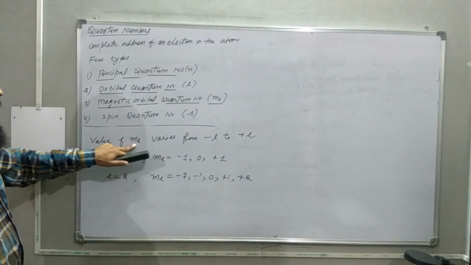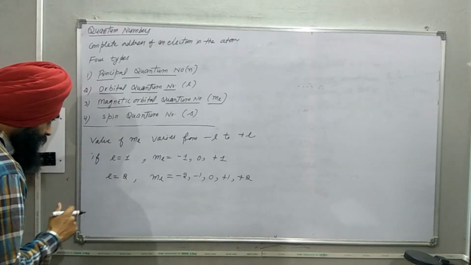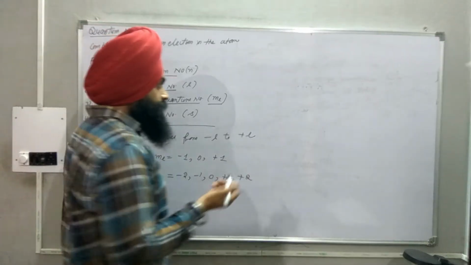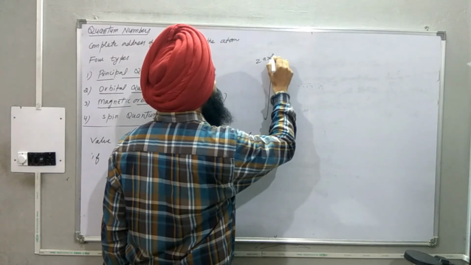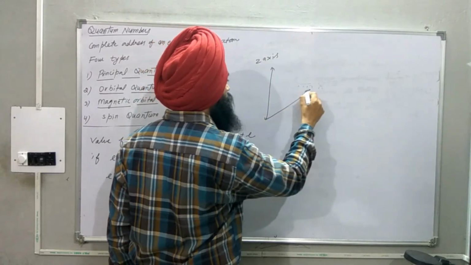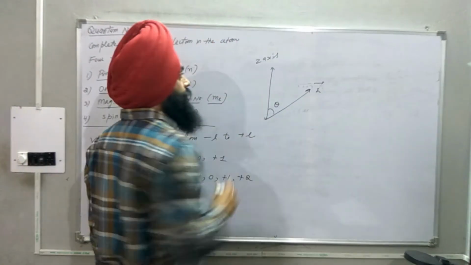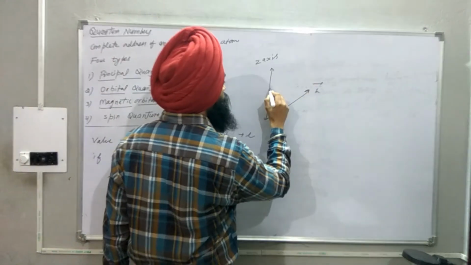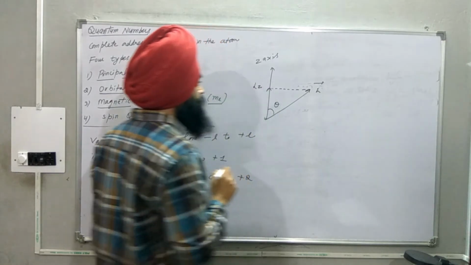From quantum mechanics, it is very clear that if I take the vector model, let us suppose this is the z-axis and the angular momentum L is oriented at an angle theta with respect to the z-axis, and the projection of L on the z-axis is called Lz.